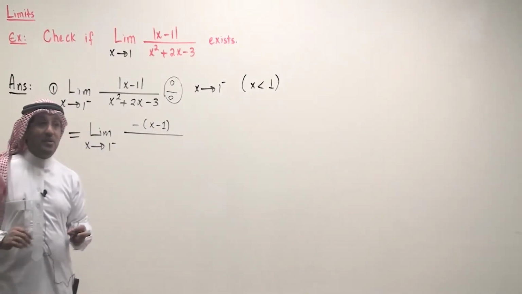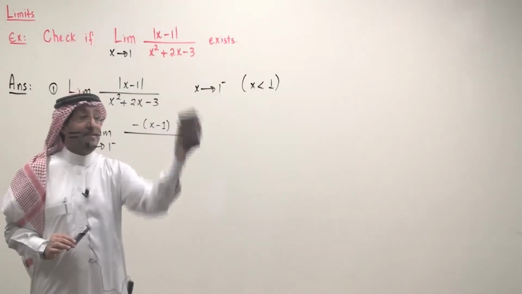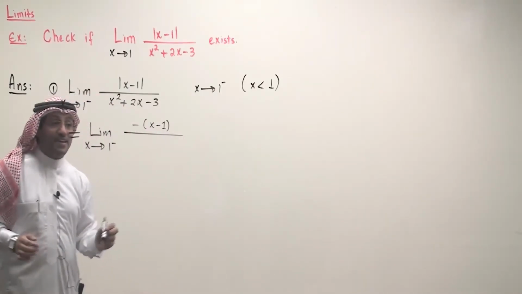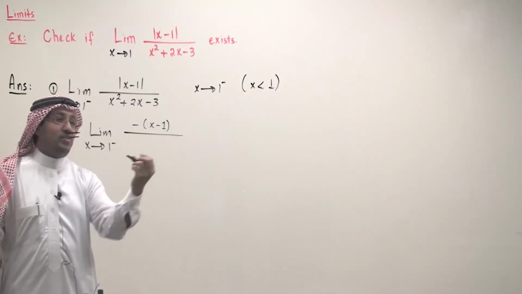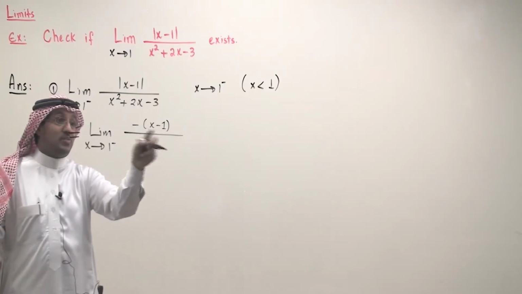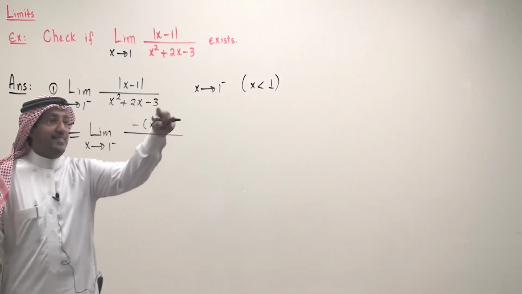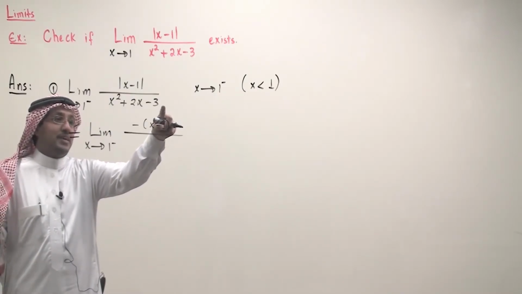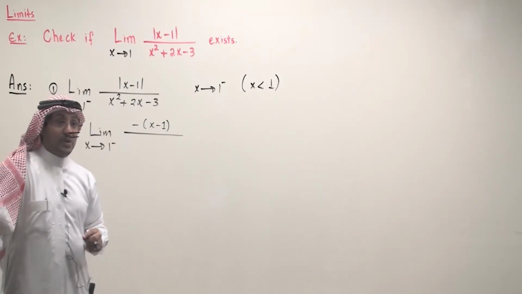And what I'm doing here, I'm trying to simplify things and factor so that I can find the limit. So my goal is to find a factor x minus 1 in the numerator and x minus 1 in the denominator, because x equal to 1 is a root for the quantity in the denominator and numerator as well.